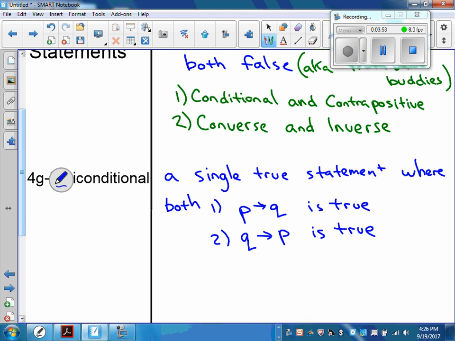So a biconditional statement is a single true statement where if P implies Q is true, then if Q then P is true.